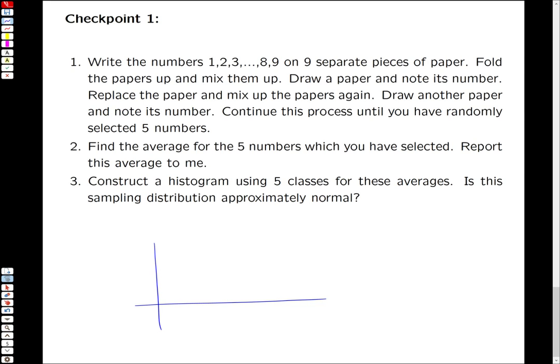We're going to make our classes go from 1/2 to 2.5 essentially for the middle bar, 4.5, 6.5, 8.5, and 10.5. The height on the first one was 0, so I just draw a line. The second one had 17 in it.